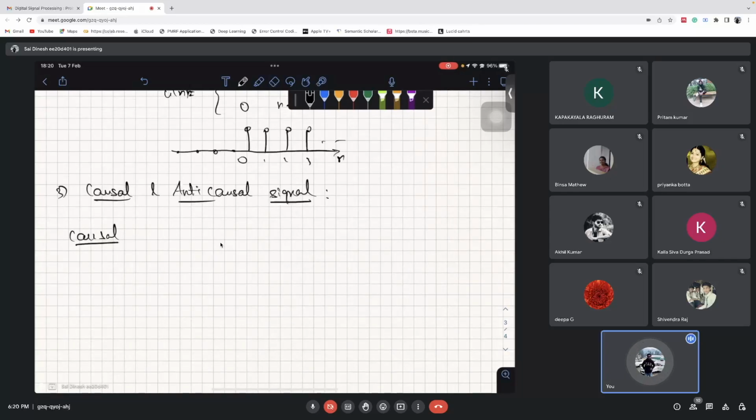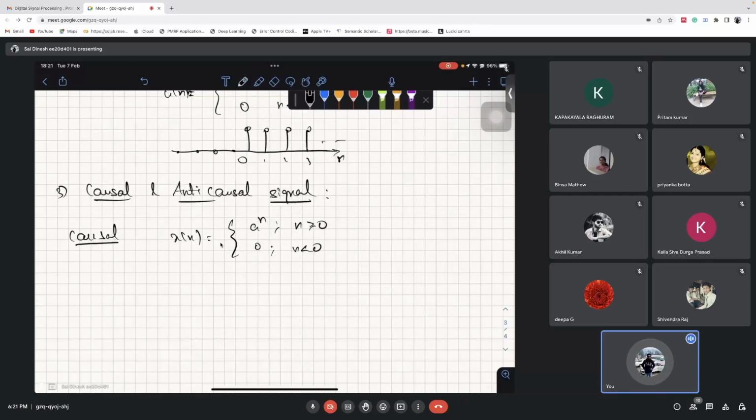So a causal signal is a signal x of n for which all the values of that signal will be 0 for negative indices. So basically, an example would be x of n equal to a^n for n greater than or equal to 0, and 0 for n less than 0.